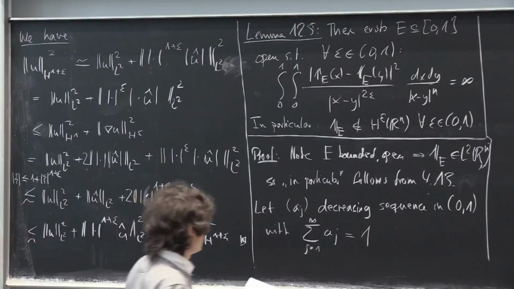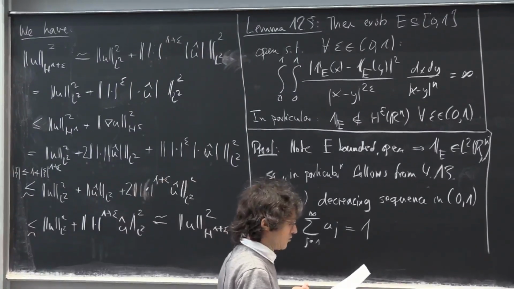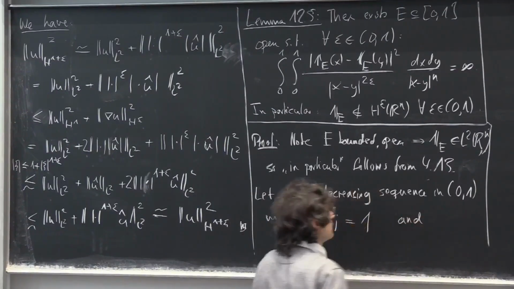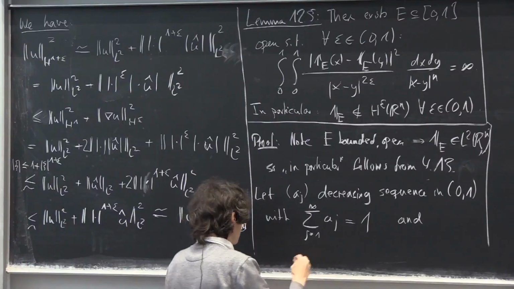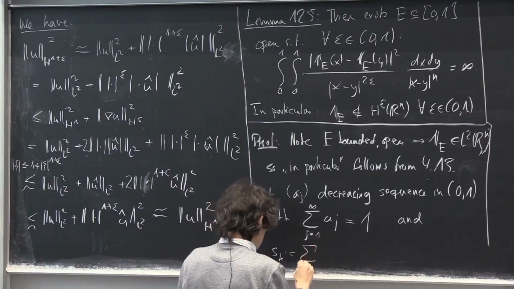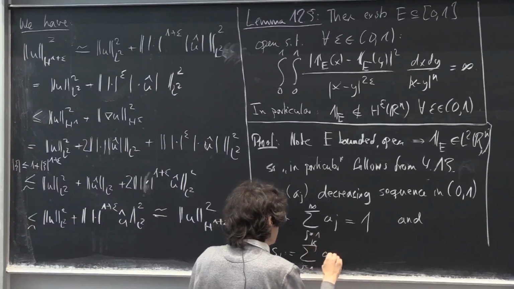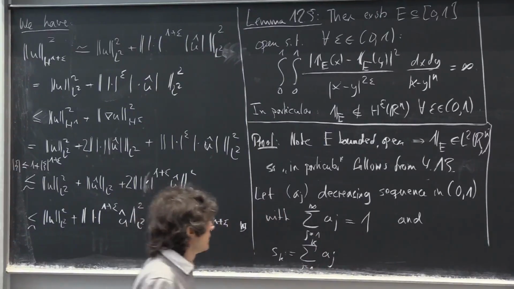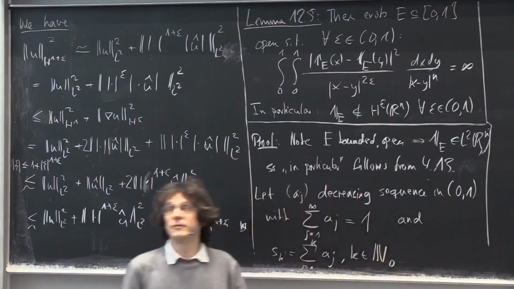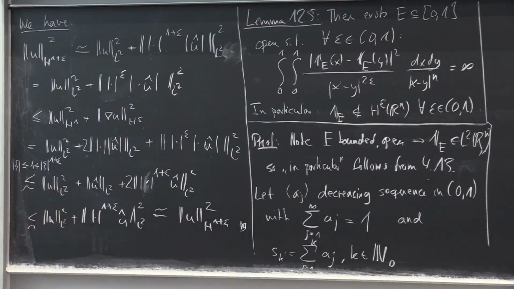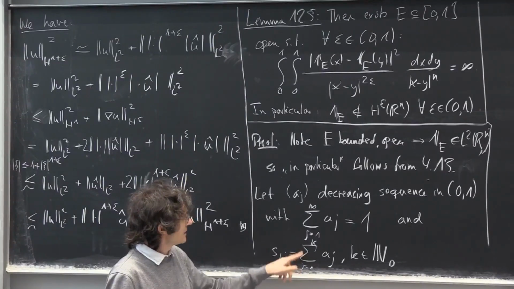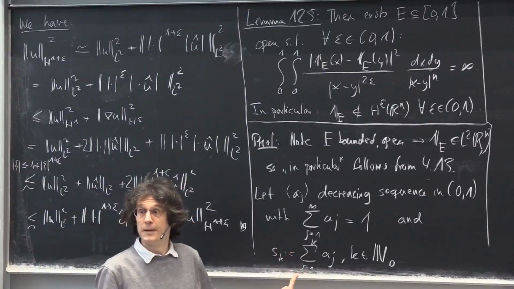So up to now there is still much choice how to choose this sequence a_j, and then we will need the partial sums of this series. I will call them s_k. So s_k is the sum for j going from 1 to k of a_j, for k in the natural numbers including 0. It's important to include 0 here. I will need s_0 in a moment. s_0 is an empty sum, so s_0 is 0.